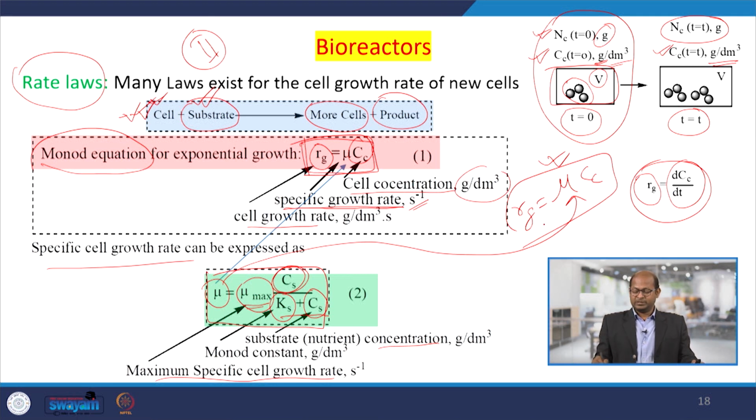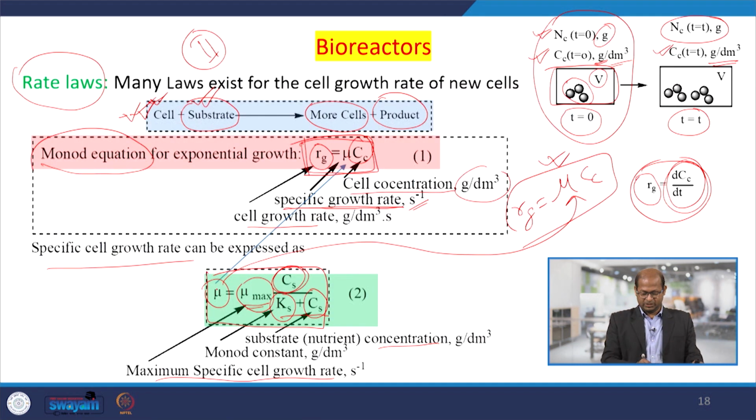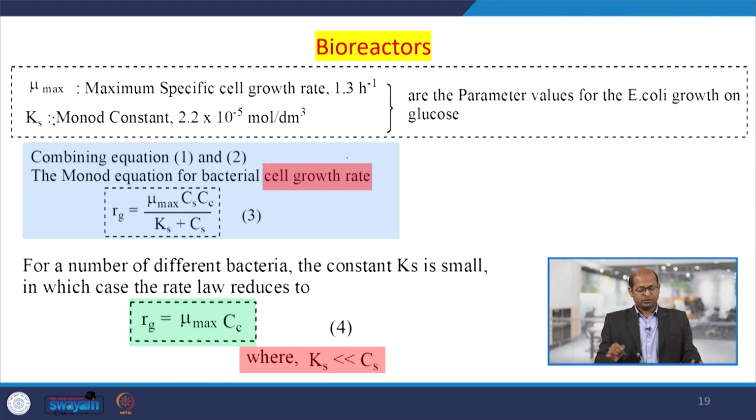So, Rg equals dCc by dt, the concentration of cells, and it is positive. It is the rate of formation of new cells. After substituting mu into the equation, the Monod equation for the exponential cell growth, we can write Rg equals mu max Cs Cc by Ks plus Cs.